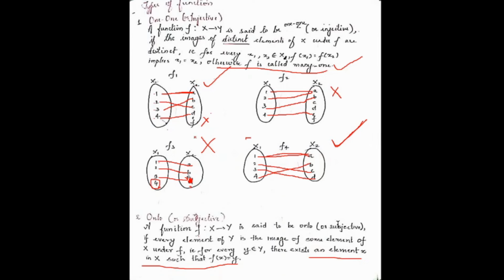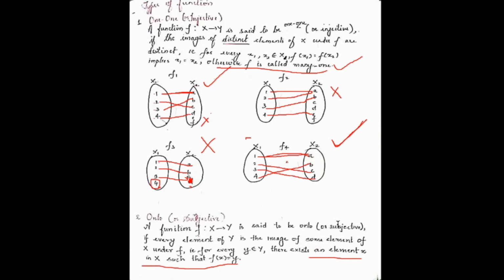So in this case, F1 is 1, 1 but not onto. Here it is not 1, 1, not onto, but it is many one. F3 is not 1, 1, not onto, not many one. Here in this case, F4 is 1, 1 and onto, and one more case is there, that is your third function.